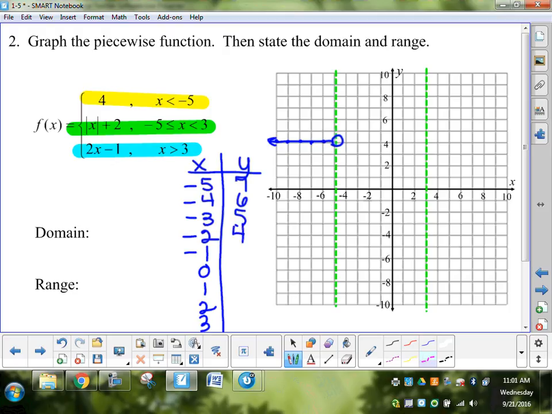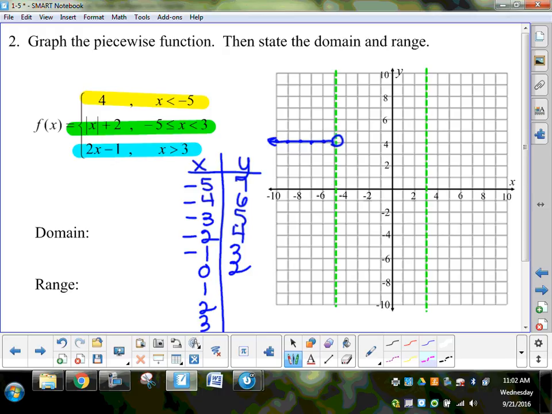How about for negative 1? Alexa? How about a 0? Alex? 2. How about a 1?